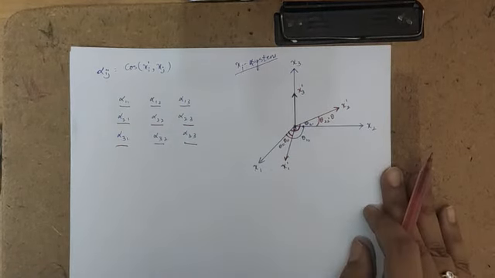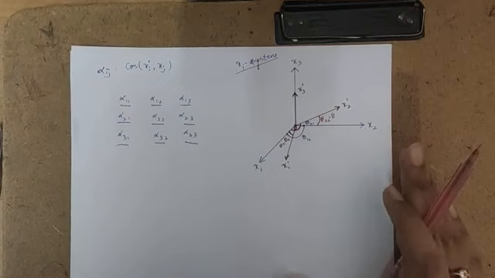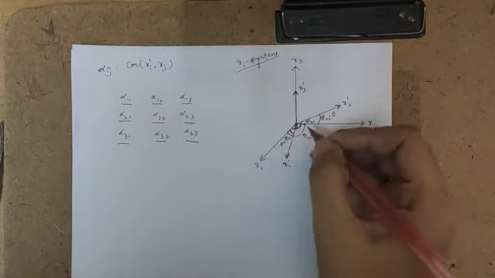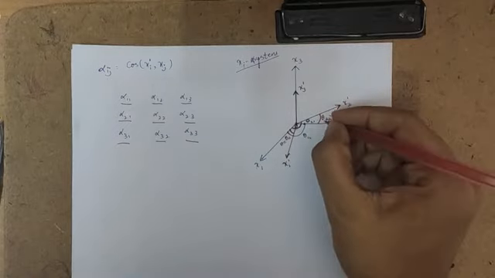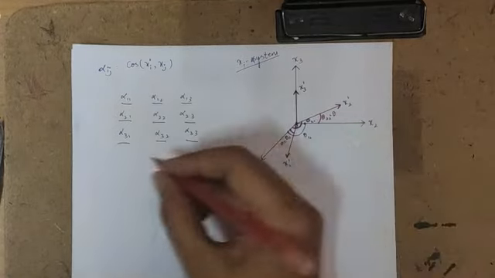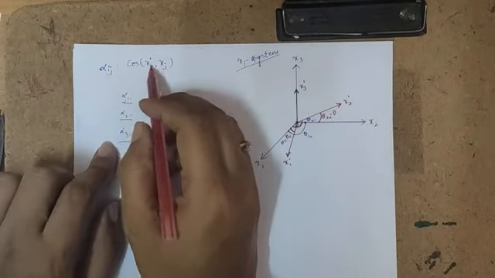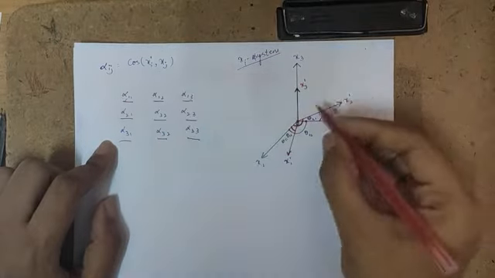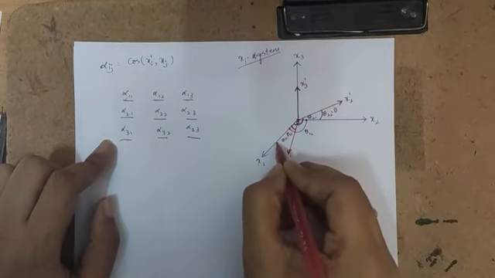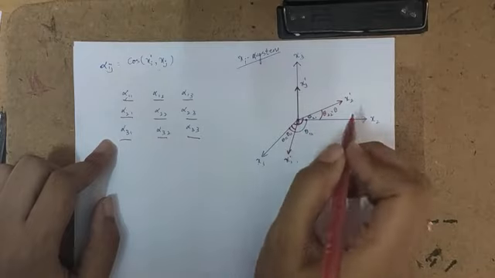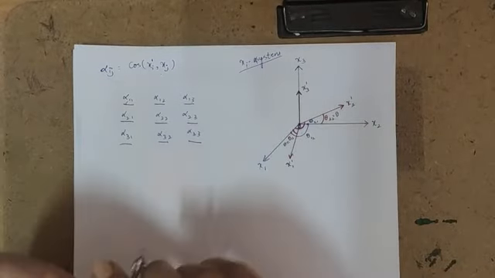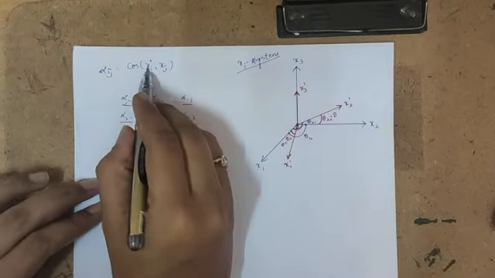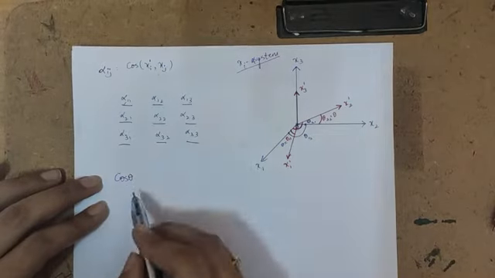So using my new coordinate system and old coordinate system at a fixed origin, I can make an angle like this: alpha 11 means cos of x1 prime comma x1, that is the angle between x1 and x1 prime, that is nothing but theta. So it will be cos theta.